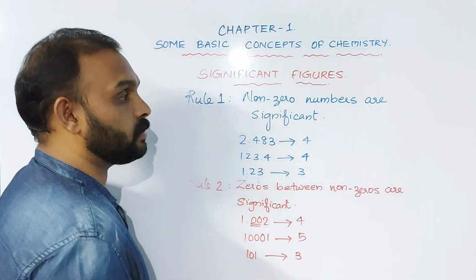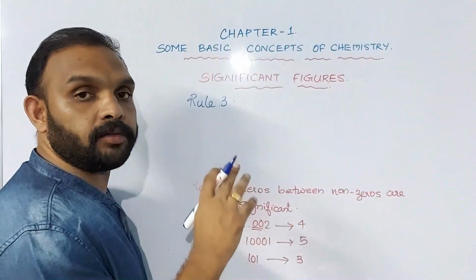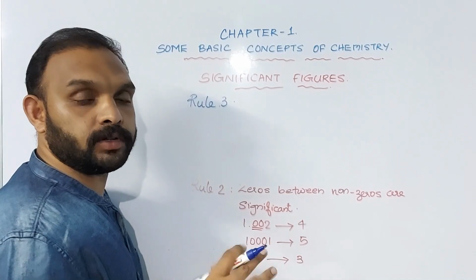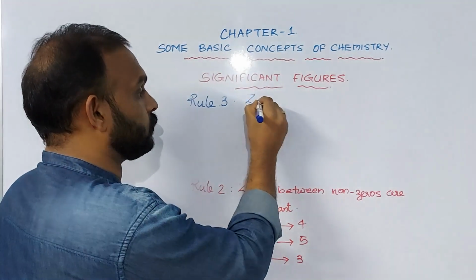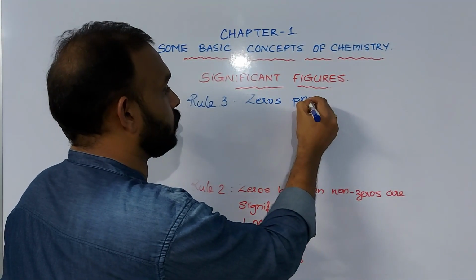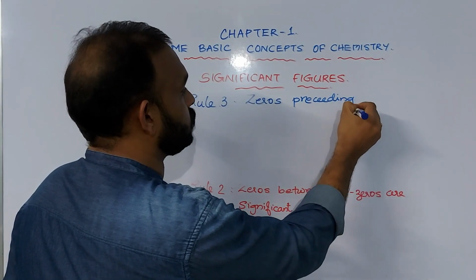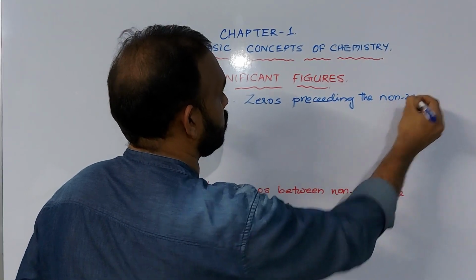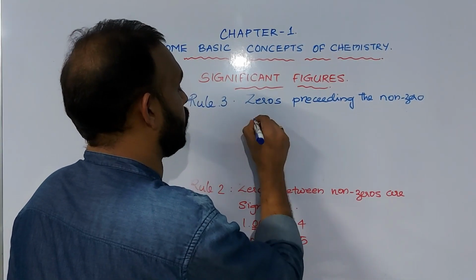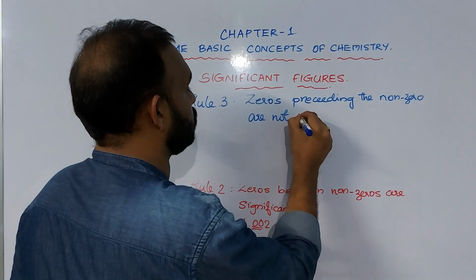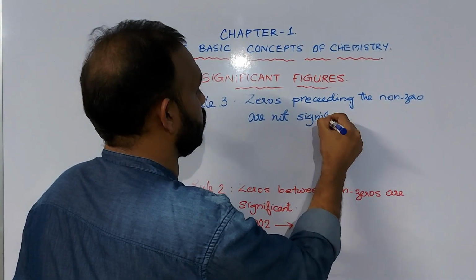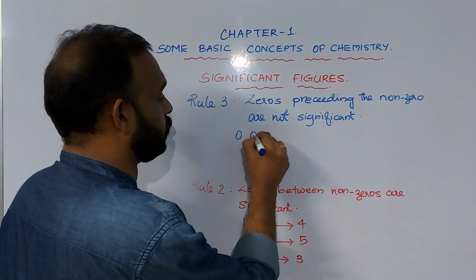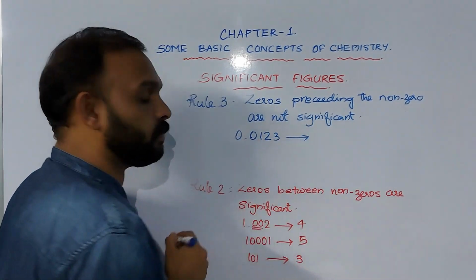Clear? Now we have the third rule. According to the third rule, the zeros preceding the non-zero number are not significant. Preceding means what? Which comes before. Zeros preceding the non-zero number are not significant. That means if we have a number 0.0123, how many significant figures are there?